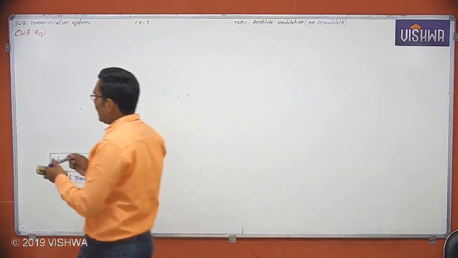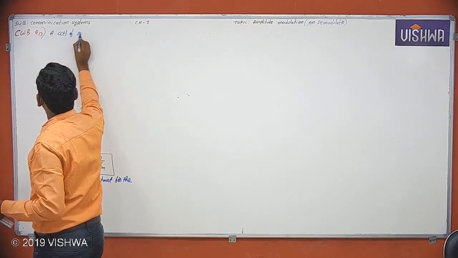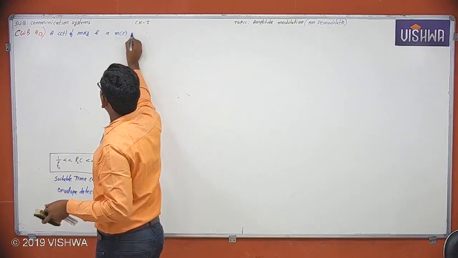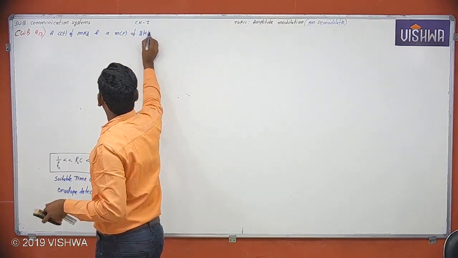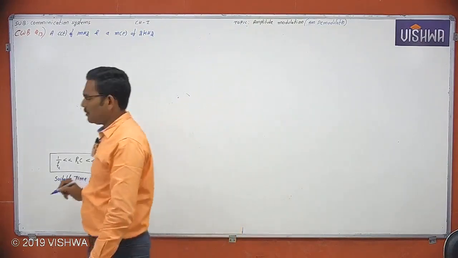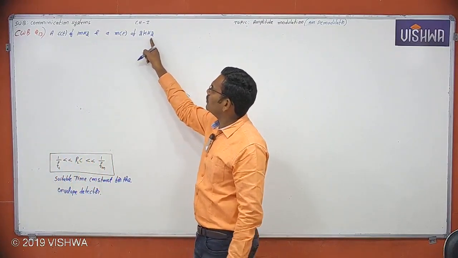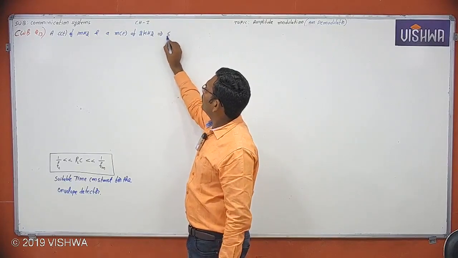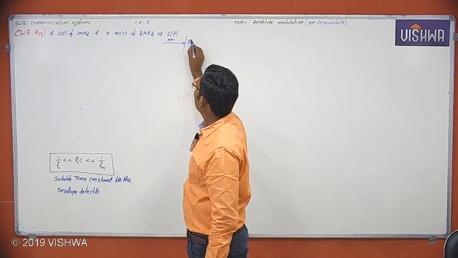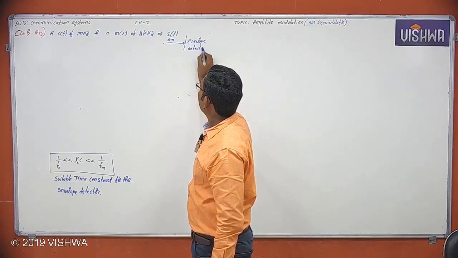What is the question? A carrier signal of 1 megahertz and a message signal of 2 kilohertz are formed to generate an AM signal and applied to an envelope detector.